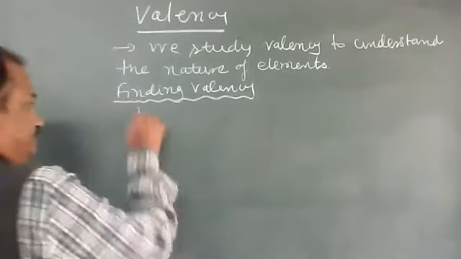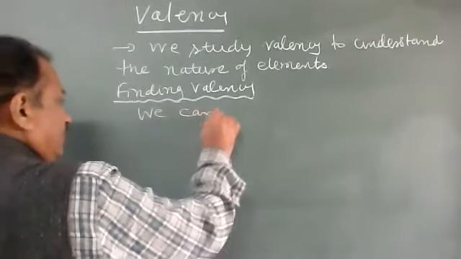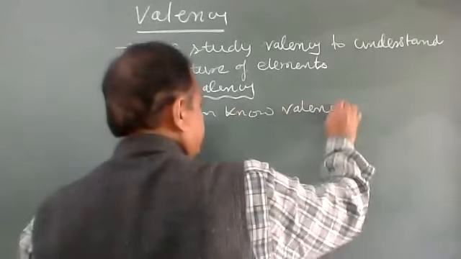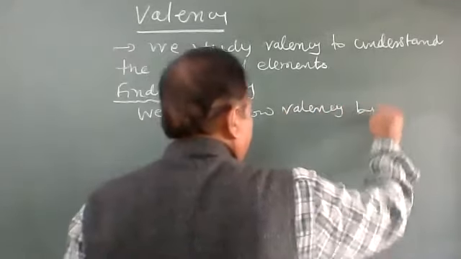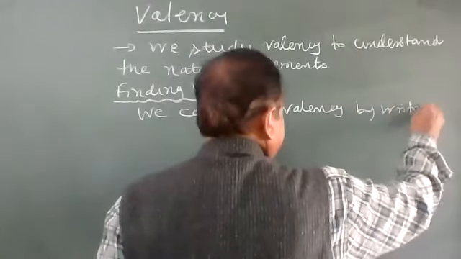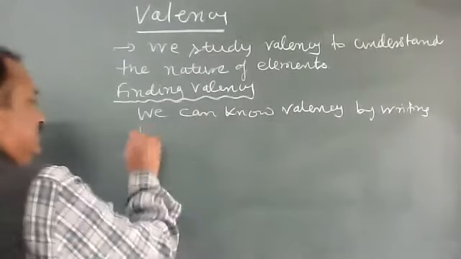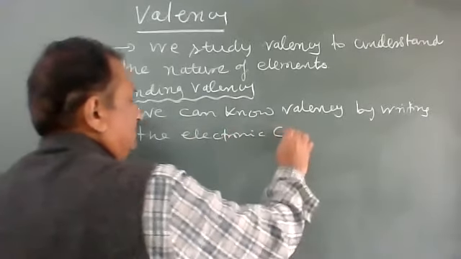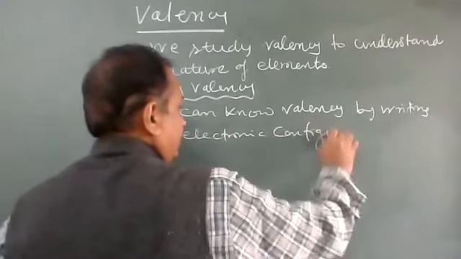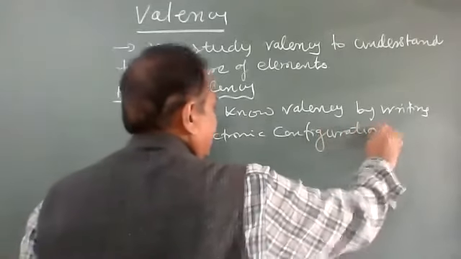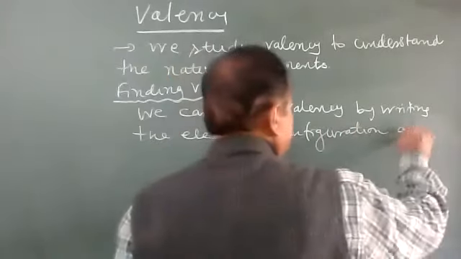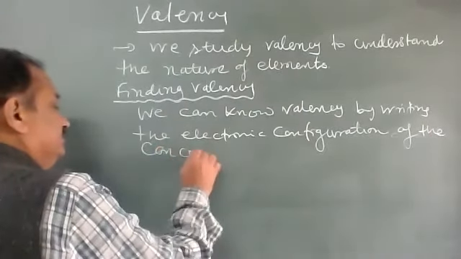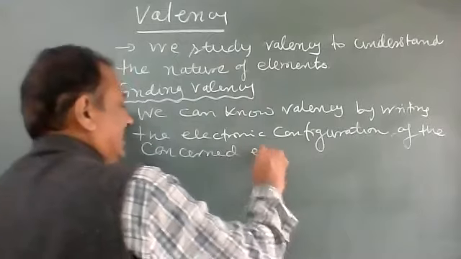We can know valency by writing the electronic configuration of the concerned element.